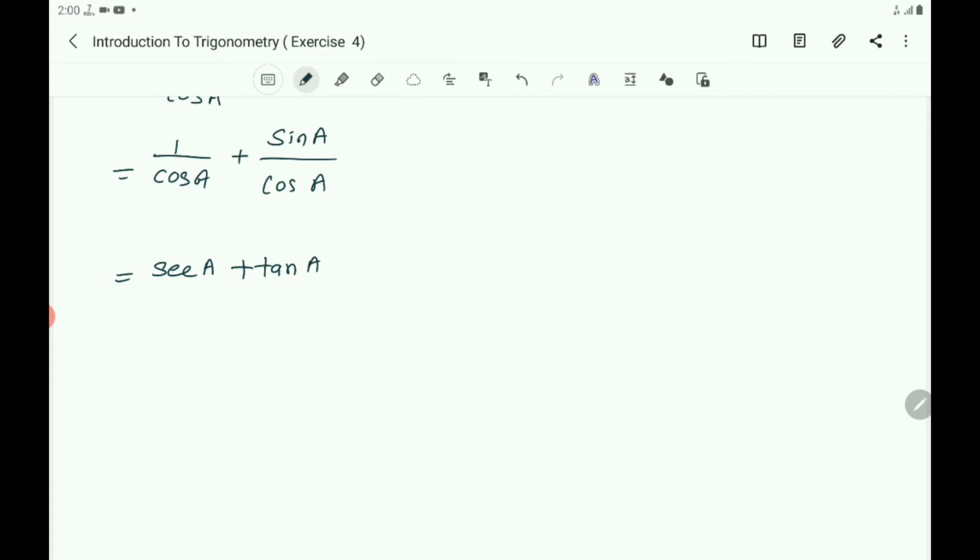You got secant A plus tan A, which is equal to the RHS.